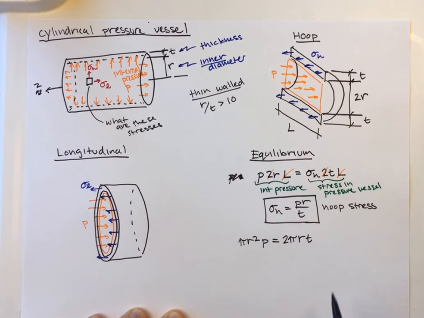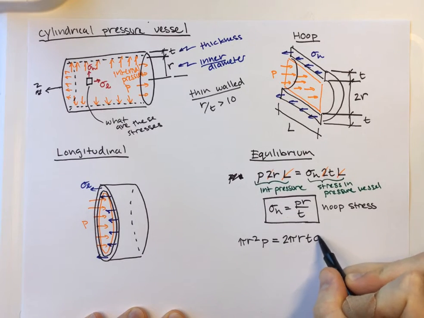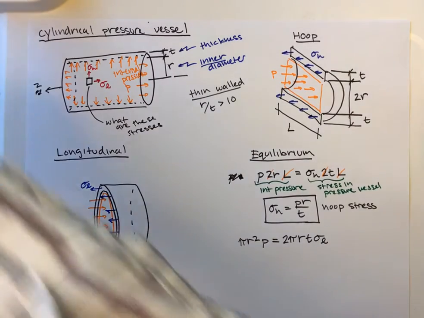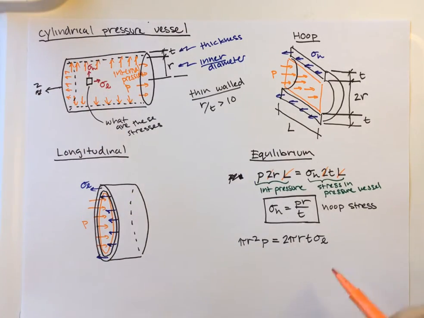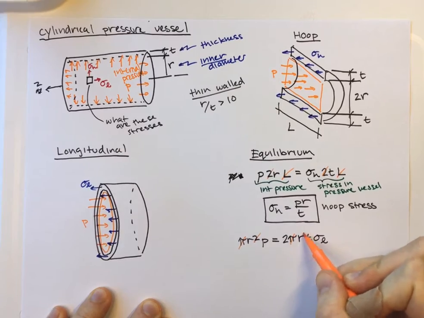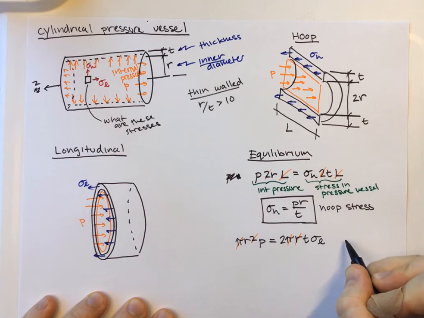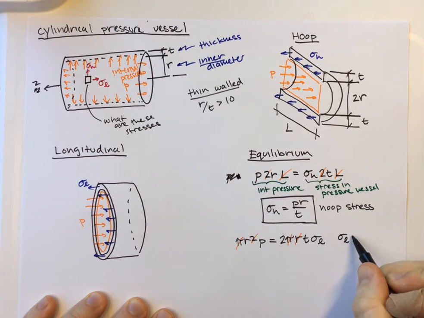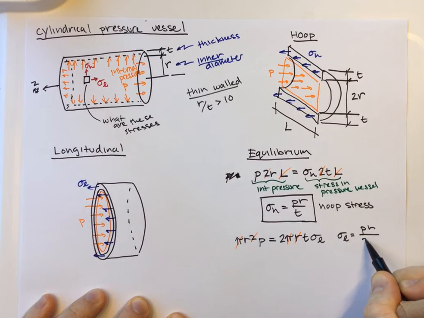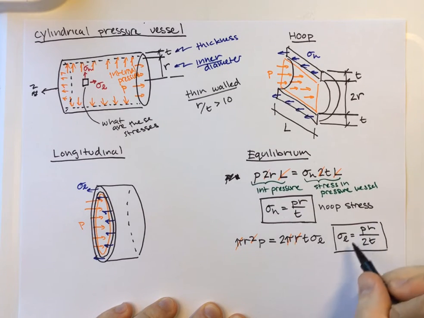If t is small enough, that's a pretty good approximation. So that's our area and our stress, and if we do some canceling, getting rid of a pi and an r, that tells us sigma L is equal to PR over 2T. And that is the longitudinal stress.